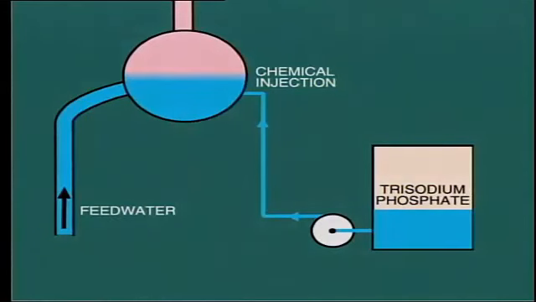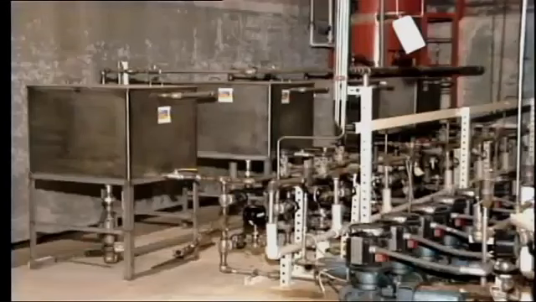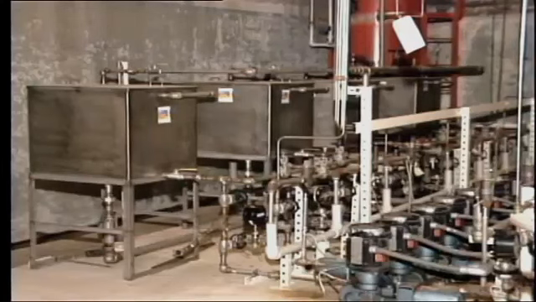Even with all of these precautions and controls, there is still a tendency for the concentration of solids to build up in the boiler water. For this reason, an attempt is made to prevent scale formation by injecting a chemical dispersant such as phosphate into the boiler water. This is usually added at the boiler drum, so a high-pressure pump is required.